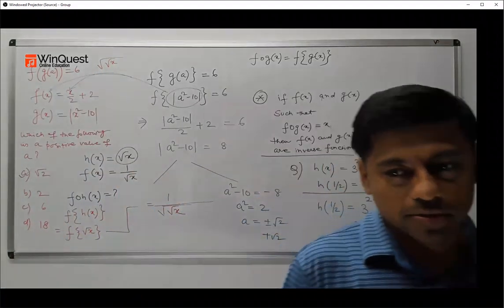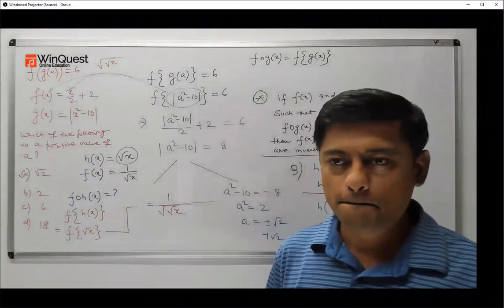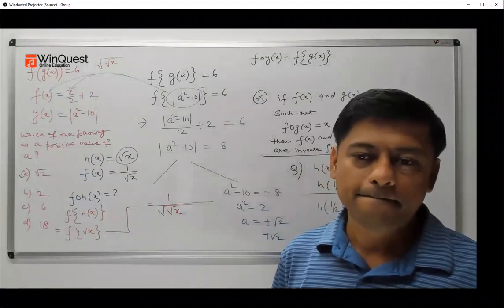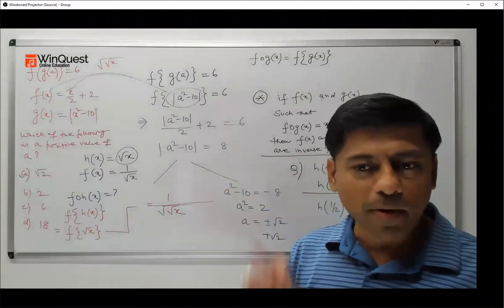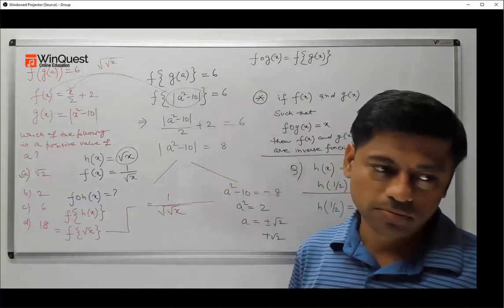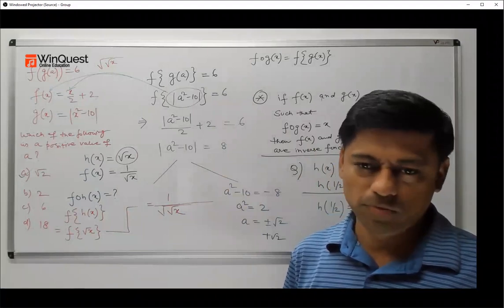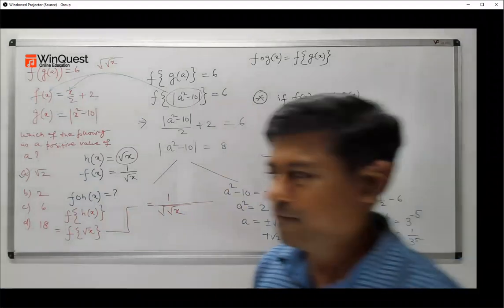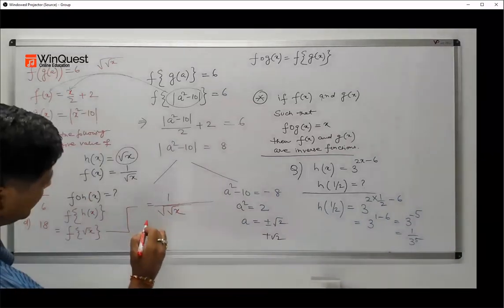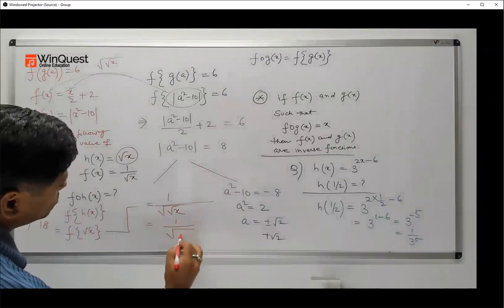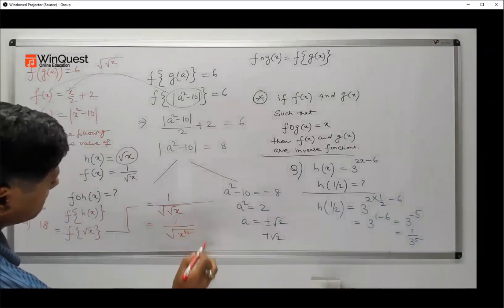In terms of exponents? Root x is x to the power half. So this becomes 1 by root over x to the power half. Can I write it?